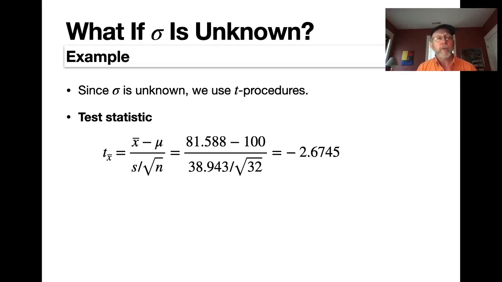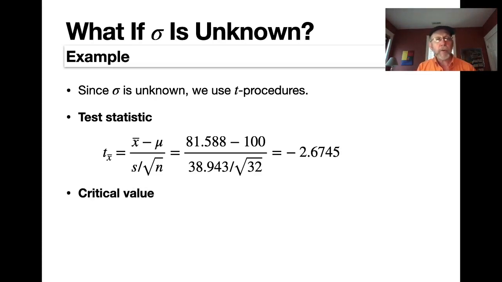2.6745. You interpret the t-score in the same way as you interpret the z-score. In fact, the t-score can be considered an estimate for the z-score, right? So we estimate that our observed data is about 2.67 standard deviations below the mean, assuming the null hypothesis is true.